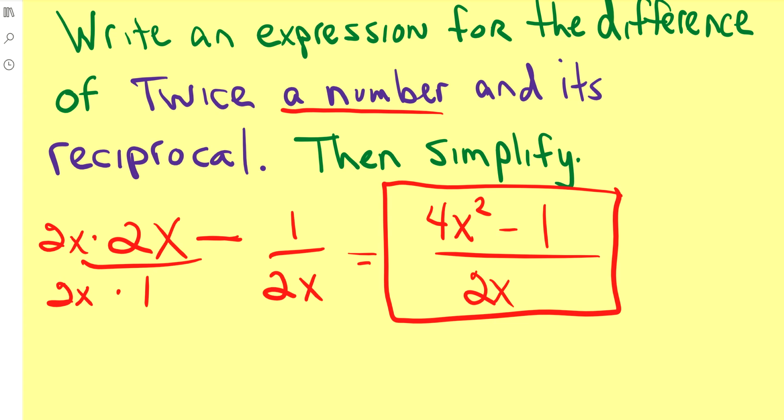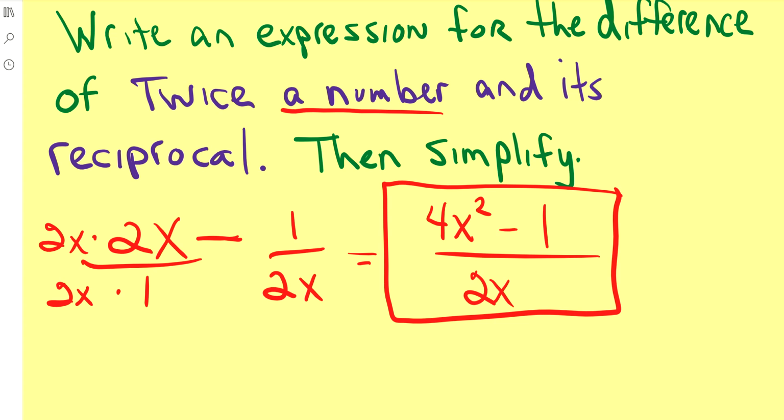That's it. Okay, well, that was easy enough. You may find that if you look on your answer block, if they give it to you in your book, page 443, their answer is 2x squared minus 1 over x. And I think that may be because of the interpretation of twice a number.